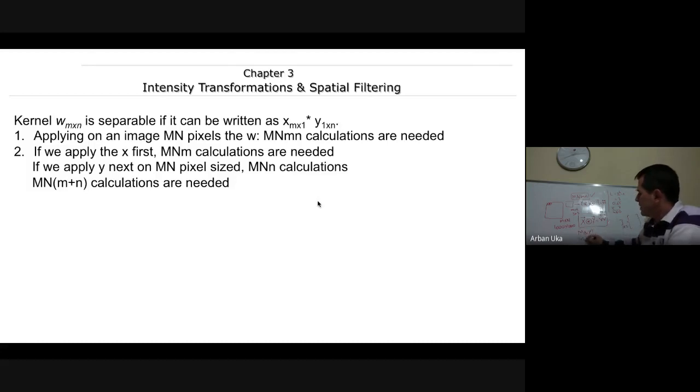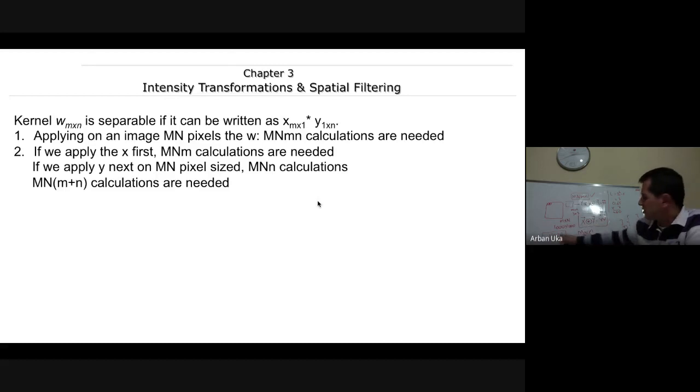And then we have the same number of pixels to which we apply the other vector. By the other vector, we mean the following: this is a kernel -1, 0, 1, which is not a 3 by 3 matrix. This is 1 by 3.